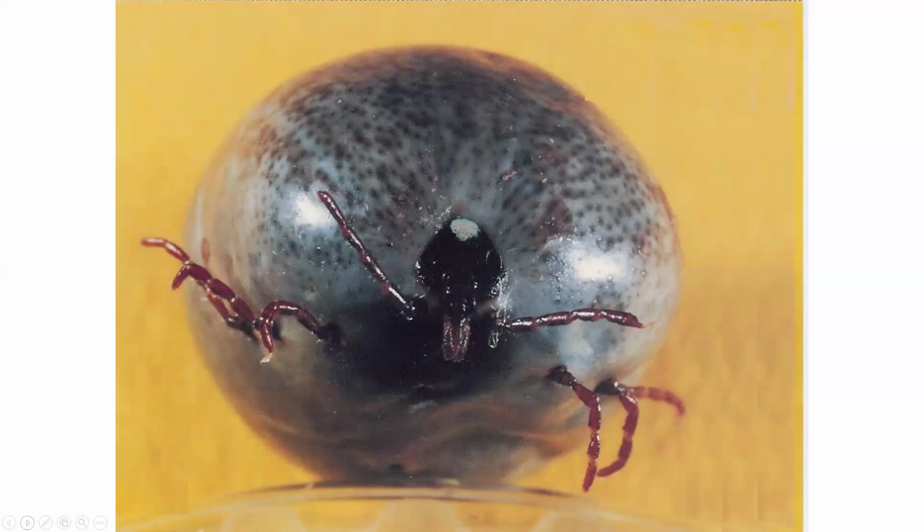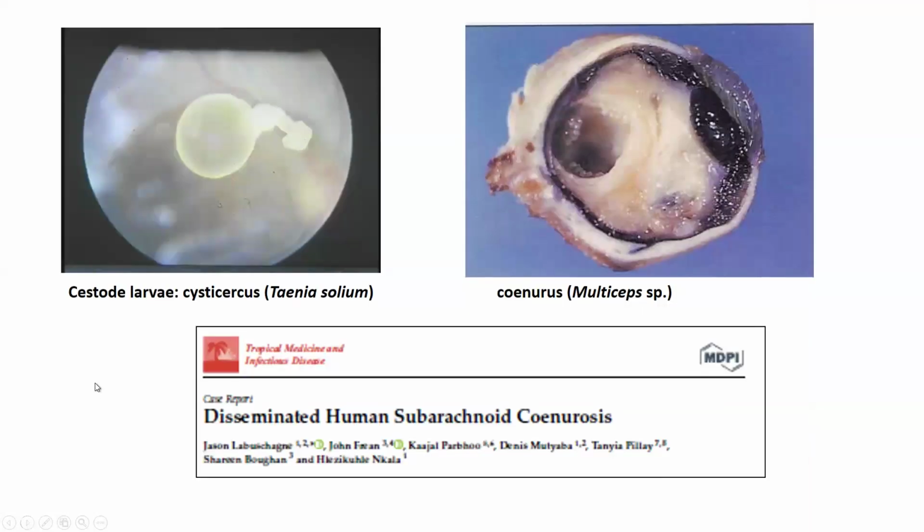So we've seen a number of nematode parasites, as we've said, the filarial infections, a number of arthropods, the fly larvae, and the ticks, and one crustacean, I suppose we have to call it now, the pentastomid.